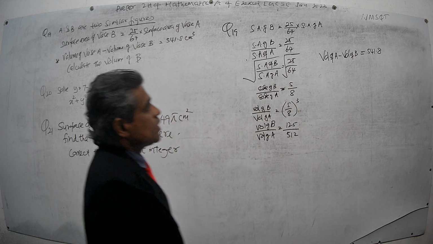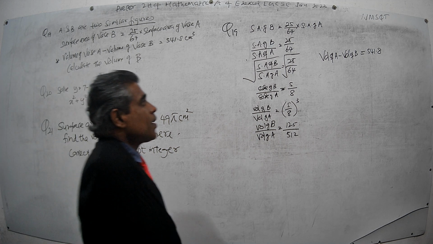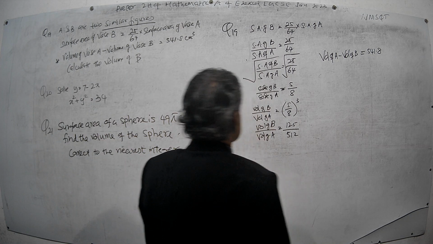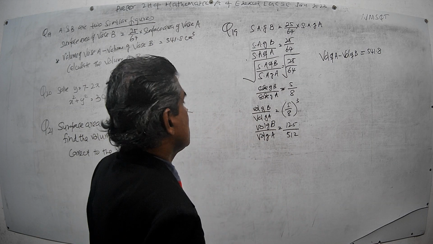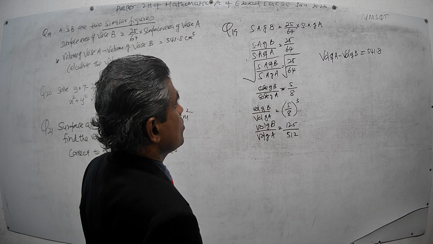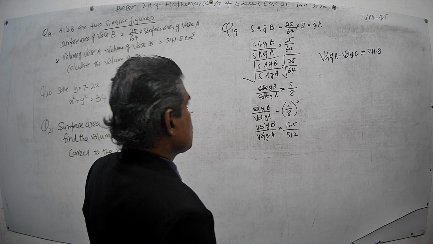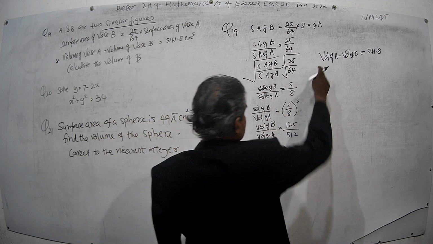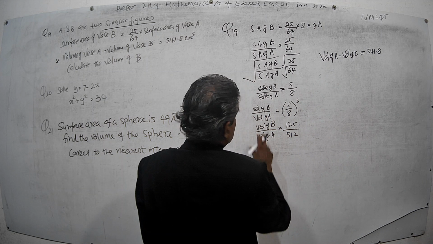Now from this one we can do something. We can express volume of B here in terms of volume of A.